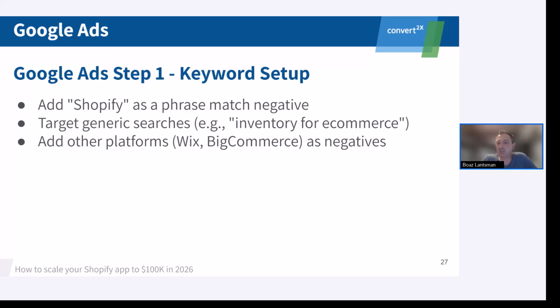And send the clicks to your App Store listing, both because it's one less click than sending to your landing page, and because you can do tracking quite deep with Prys, and I think with other tools as well.